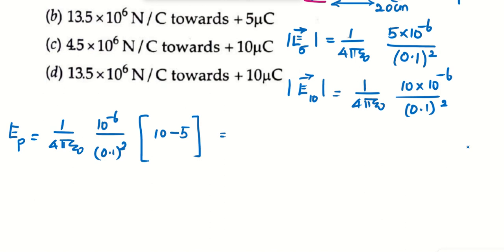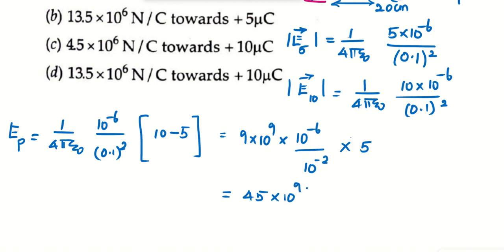1 by 4 pi epsilon naught can be written as 9 into 10 power 9, times 10 power minus 6, divided by 10 power minus 2. Here 10 minus 5 will become 5. So we have 45 into 10 power 9 minus 6 plus 2.